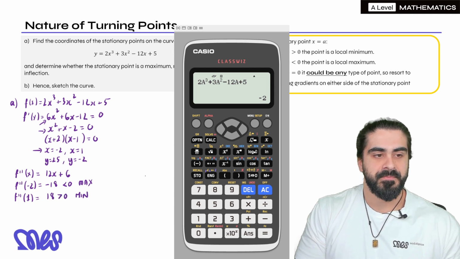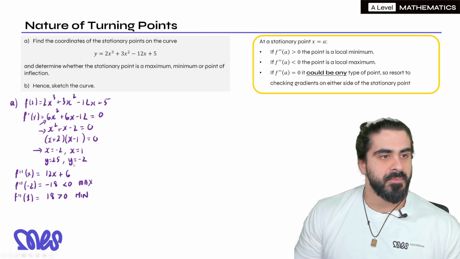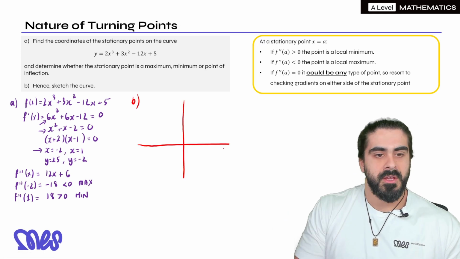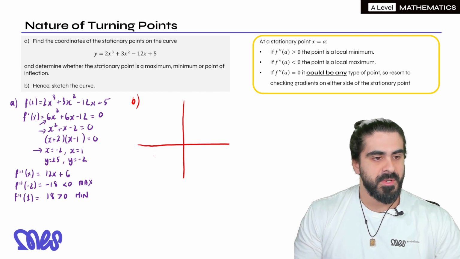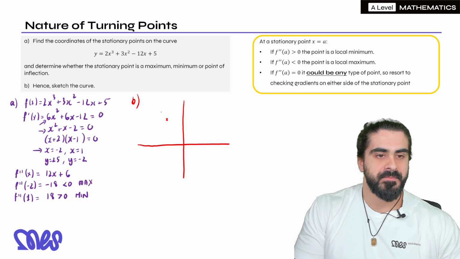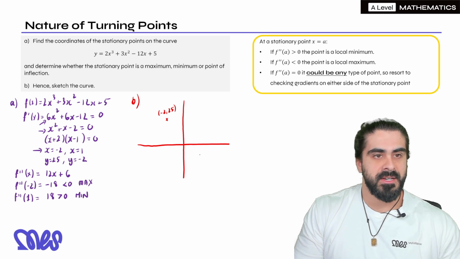So to sketch this for part B, hence sketch the curve, all we need to know really based on part A is where the turning points are. So we have x is minus 2 and y is 25, so say up here. So minus 2 and 25. And then we have x is 1, y is minus 2. So say somewhere here maybe. 1, minus 2.